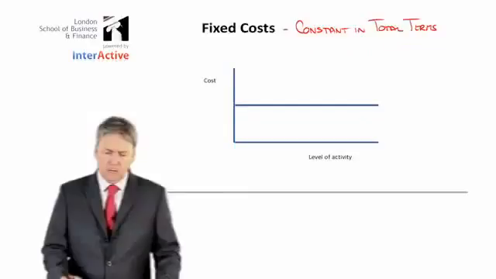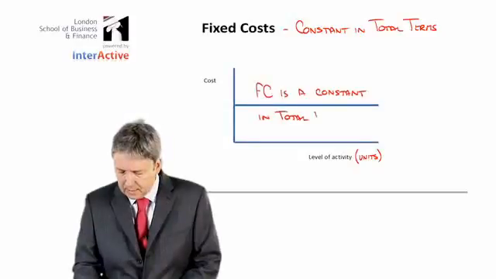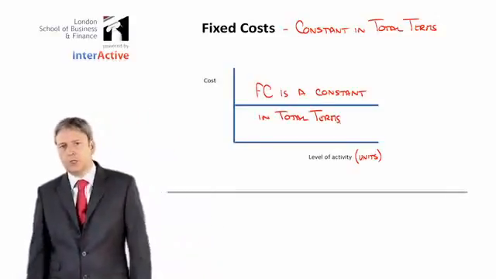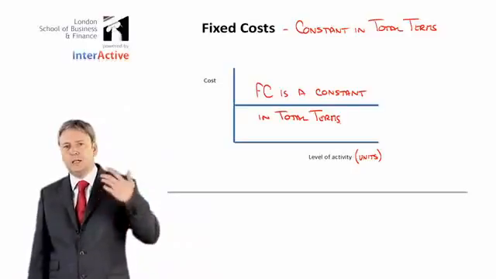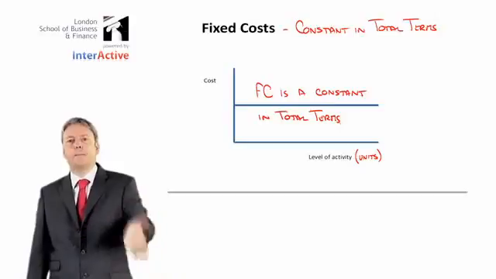If you don't like the term level of activity, simply that's the output or sales in units, don't worry about that. All we would say is this: fixed cost is a constant in total terms. Now, that means that whenever you look for fixed costs in a decision-making question, you expect to see a total figure, yes, rather than a figure per unit.